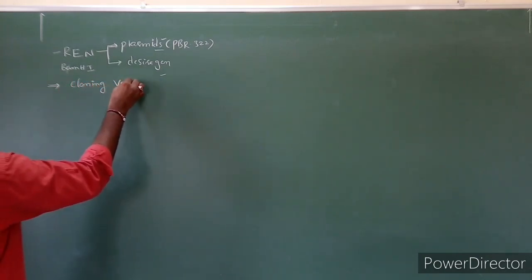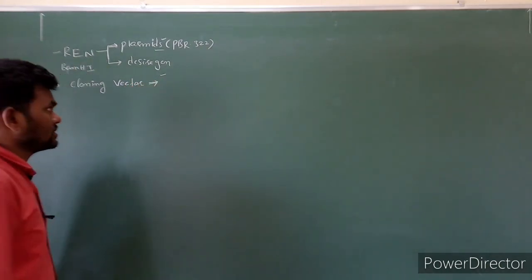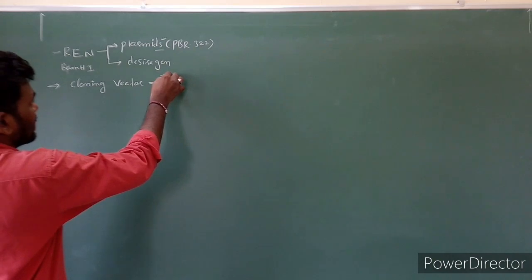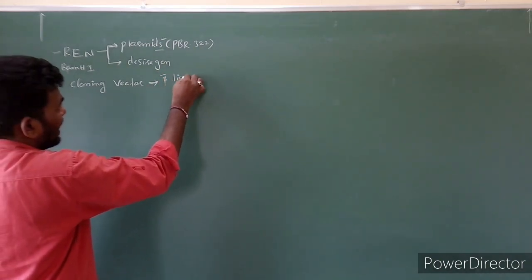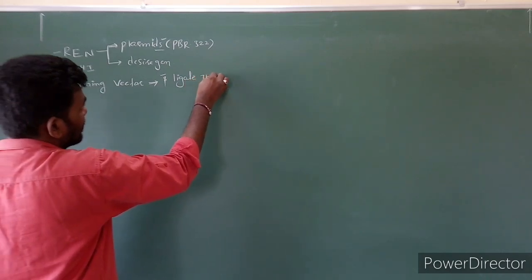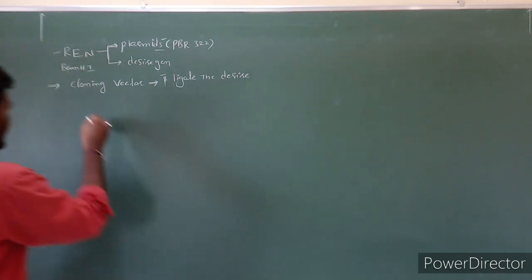Cloning vector is prepared. Next, after preparation of the cloning vector, by using ligase enzyme, we ligate the desired gene into the plasmid.